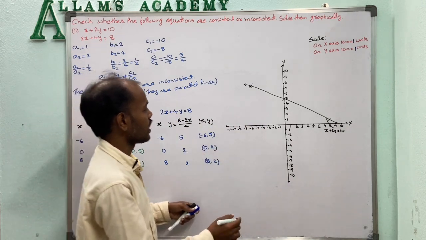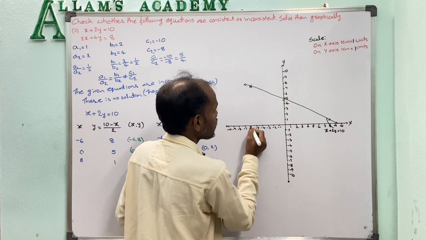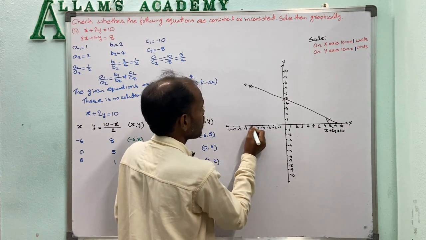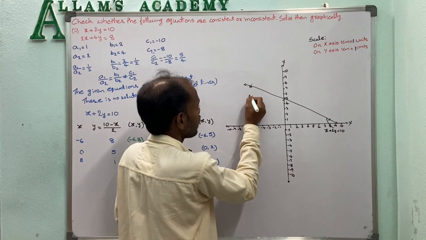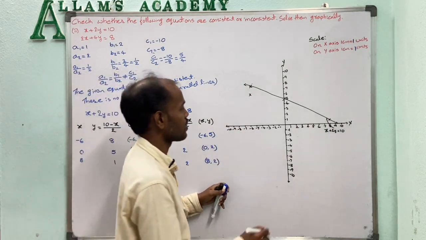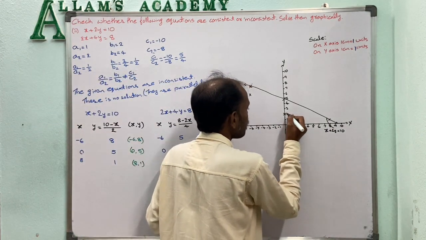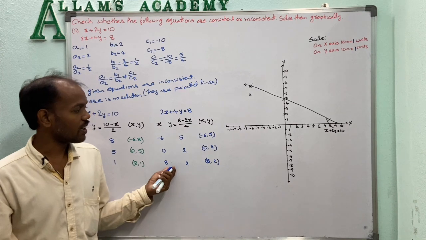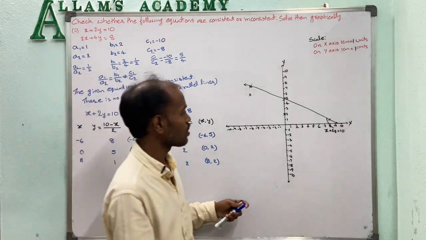For minus 6, the corresponding y coordinate is 5. For 0, the corresponding y coordinate is 2. For 8, the corresponding y coordinate is 2.